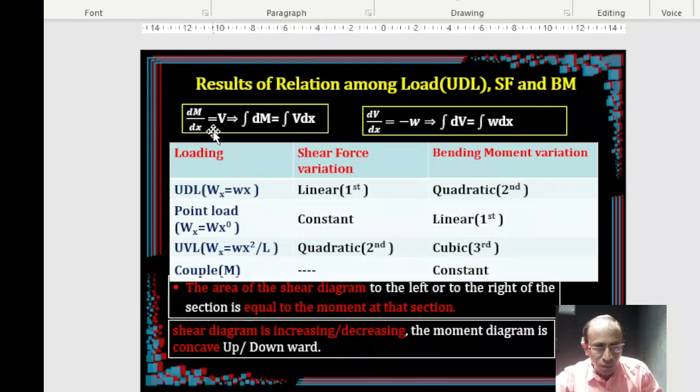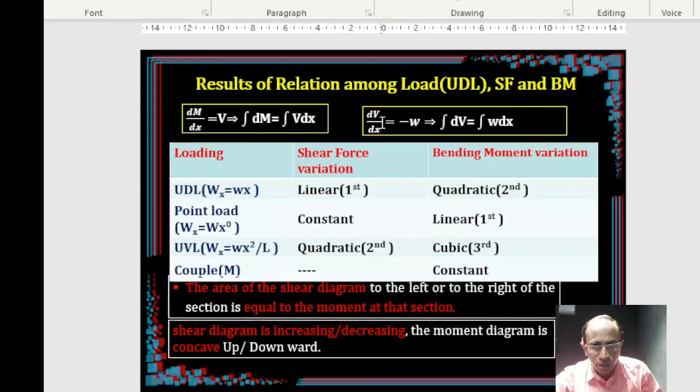This is one of the conclusions resulting from working out a relationship between the bending moment and shear force. The change in the bending moment between two different locations is nothing but the area of the shear force diagram between those two points.